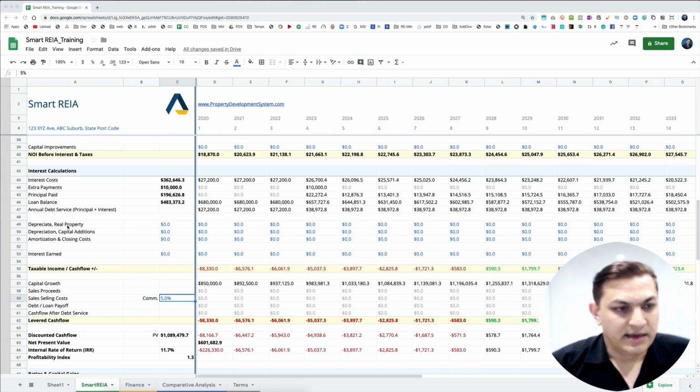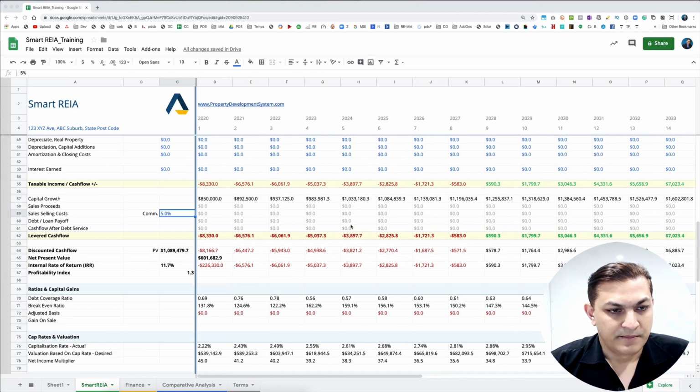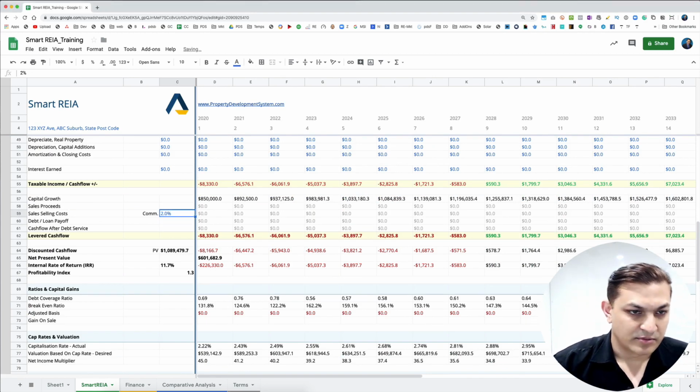So if you've got any depreciation and details that you want to manually add, you can add them here, and you'll get your details. So here we get our capital growth and our sales proceeds. And when you sell, there will be selling costs, let's say an agent's commission, and you add 2%, for example.